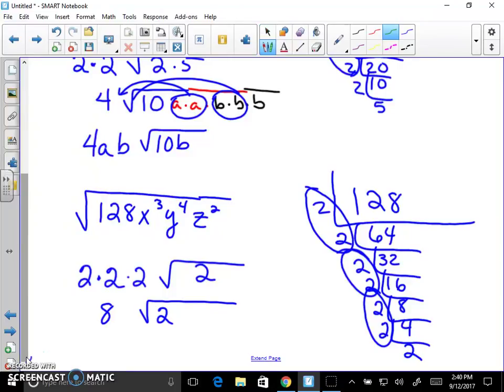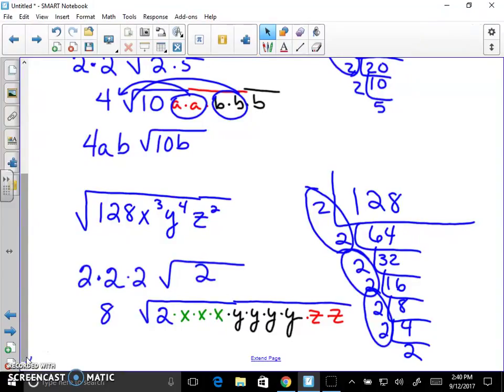So we have 3 x's, 4 y's, and 2 z's. Let's expand this over here. All right, so for every 2, you pull out 1. So bring on an x.